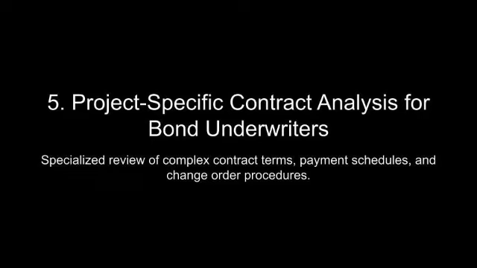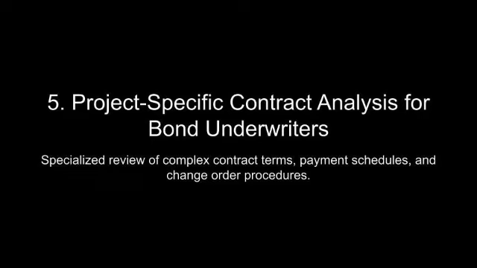From an underwriting perspective, crafting safeguards to address subcontractor default risk requires a multifaceted approach that integrates contractual, financial, and operational considerations. One effective strategy is to require pre-qualification of subcontractors based on their financial stability, technical expertise, and track record of performance.